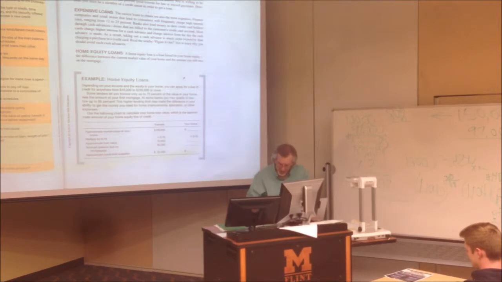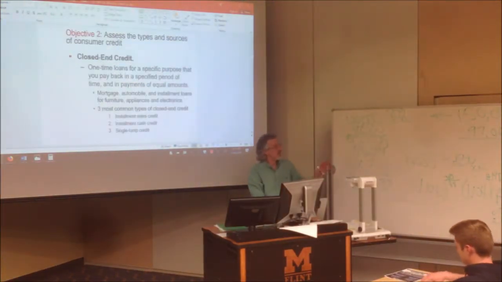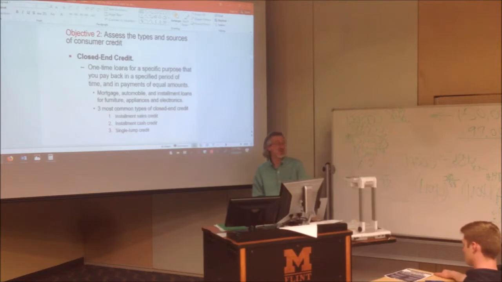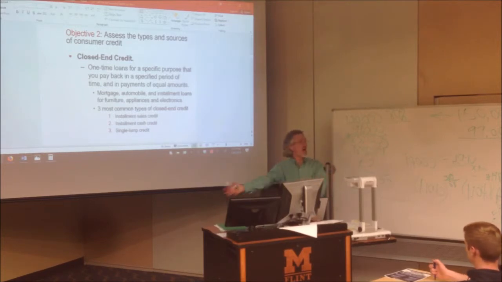Closed-end credit. We're going to slide 7. I'm going to talk about closed-end and open-end at the same time. Closed-end is where you borrow the money, you sign on the dotted line, you get the loan, you buy whatever it is you were going to buy with the loan, and it's done and you make payments.